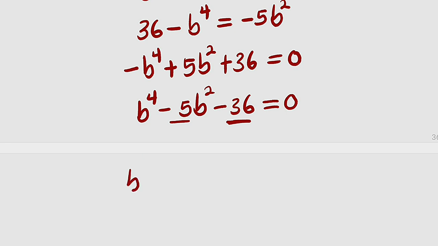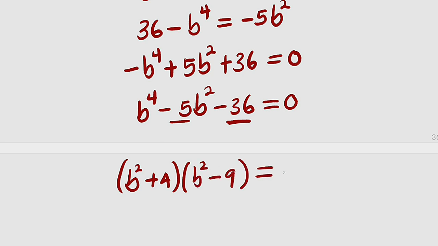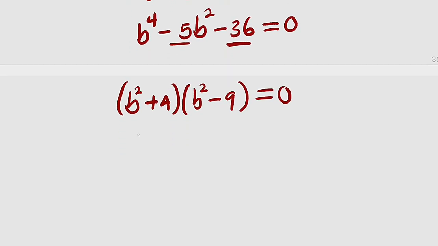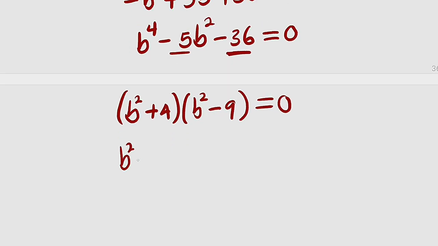So we have (b squared plus 4) multiplied by (b squared minus 9), the whole of this equal to 0. Let us set each factor to be equal to 0. We have b squared plus 4 equal to 0, or b squared minus 9 equal to 0.